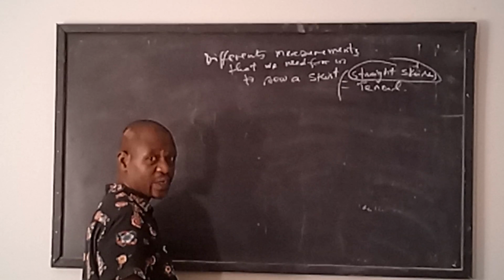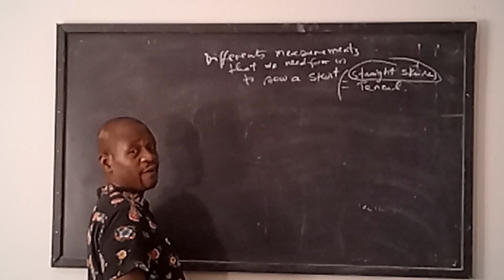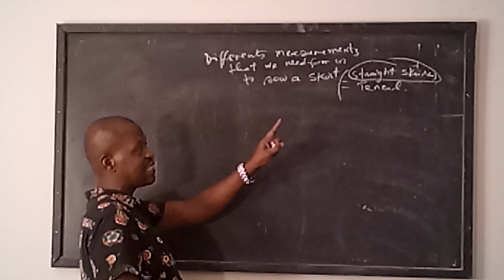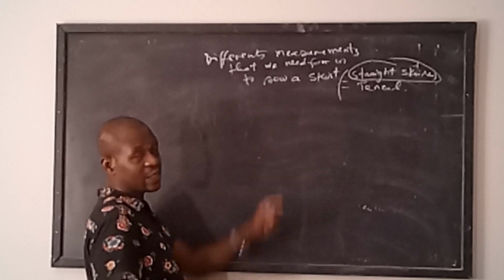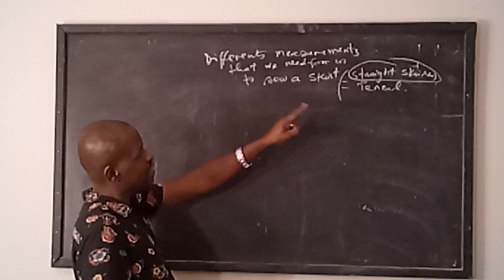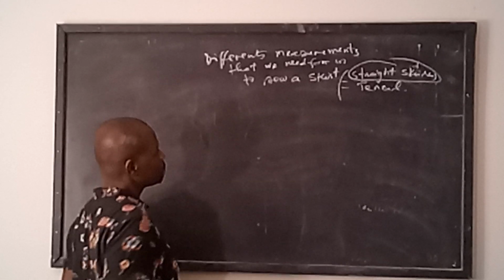Last time I tried to enumerate them, there were so many, some of which I did not even list, but the basic of all skirts is the straight skirt. So we're going to talk about how to take the measurements for a straight skirt.